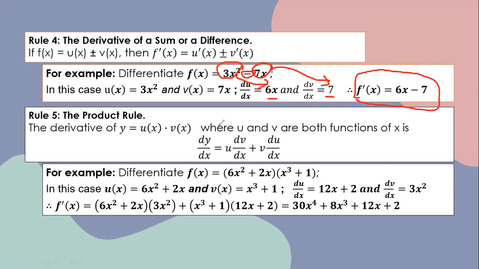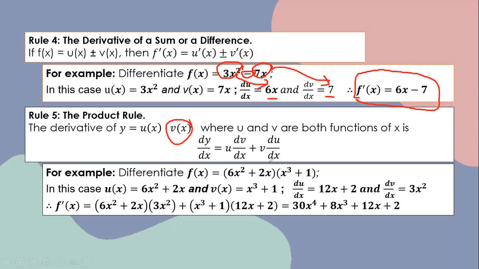Ang derivative daw ng dalawang function na pinag-multiply ay equal sa, okay, copy the function u, multiply mo dun sa derivative ni v. So u dv plus yung v naman, then i-multiply mo sa derivative nung kasama niya. So that is the product rule.